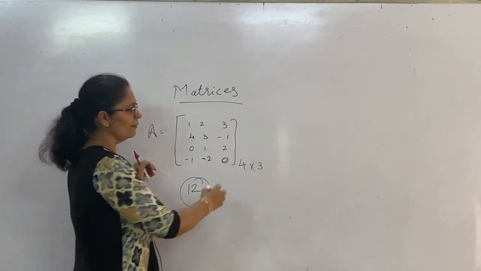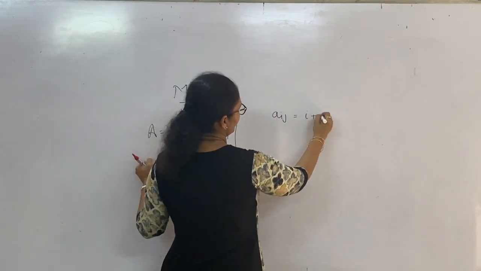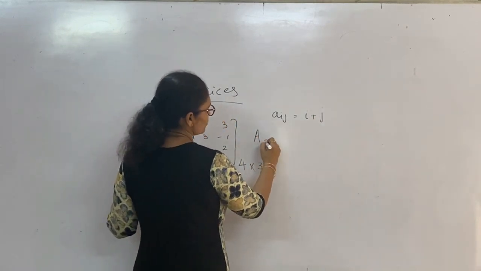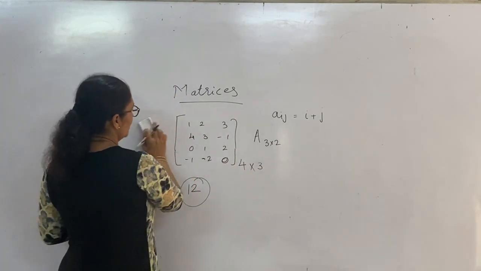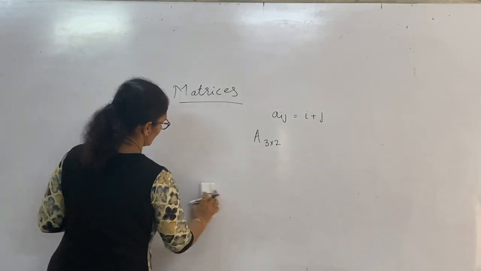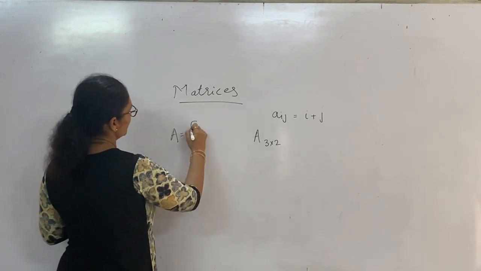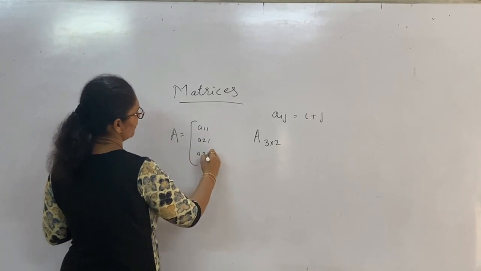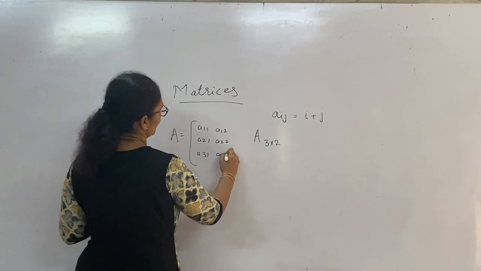Okay, now how can we make a matrix? If I have given a_ij equal to i plus j, where you have to find the matrix which is of 3 by 2. 3 by 2 matrix means what? Matrix which has 3 rows and 2 columns. So let's give the name, 3 rows, A11, 21, 31. 2 columns, so A12, 22, 32.